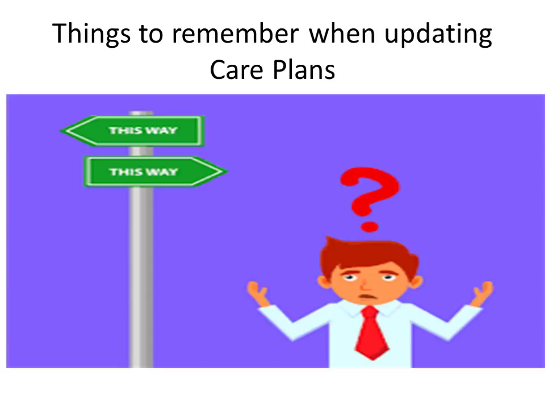But nevertheless, these things are a priority. And according to the new federal regulations, every new admission has to have a care plan within 24 hours. In addition, all care plans must be reflective of the resident's current care. There's no room for error in this area.